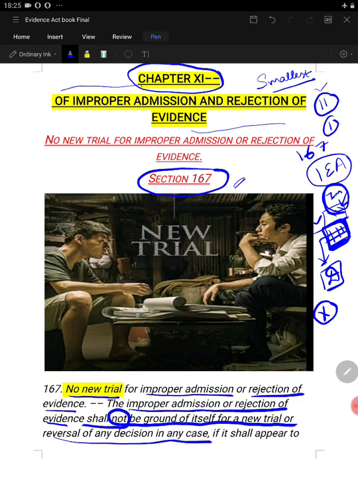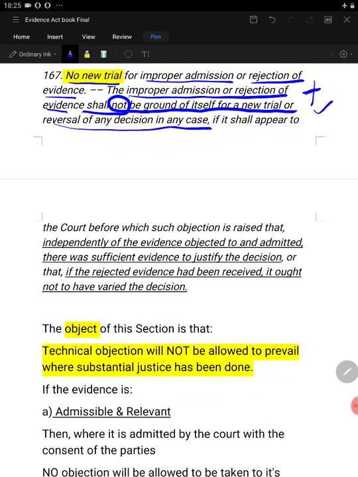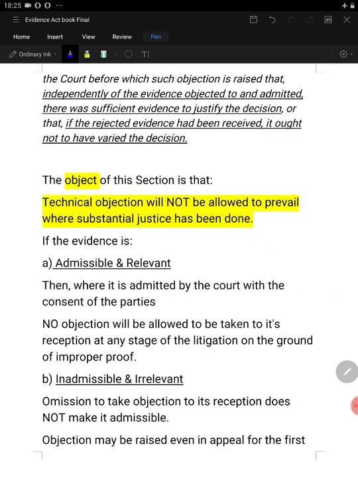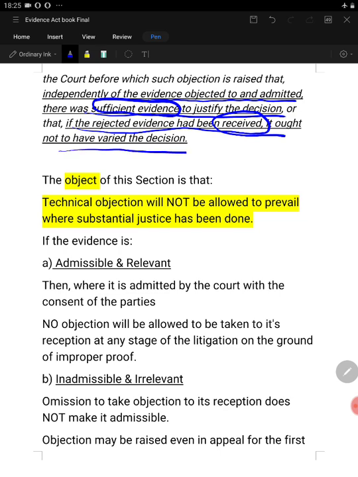So, if there is improper rejection of evidence, then only on this ground there will be no new trial, if it shall appear to the court before which such objection is raised that, independently of the evidence objected to and admitted, there was sufficient evidence to justify the decision, or that if the rejected evidence had been received, it ought not to have varied the decision.